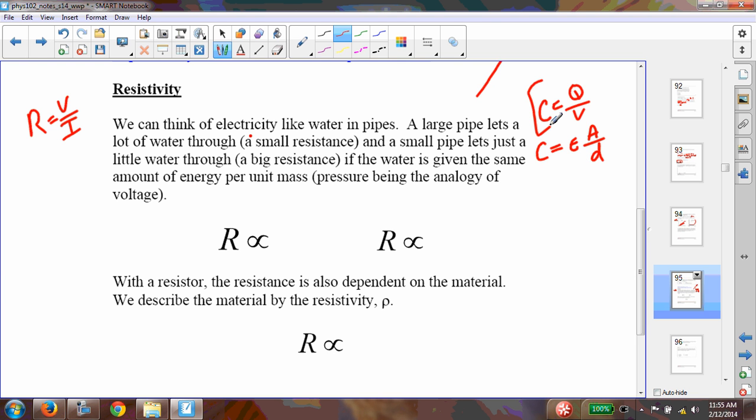So anyway, we can think of electricity like water in pipes. A large pipe lets a lot of water through, so it has a very small resistance. If I have a big pipe, it's very easy to push water through it, so it has just a little bitty resistance. However, a little pipe is a lot more difficult to push water through, so it has a very big resistance.